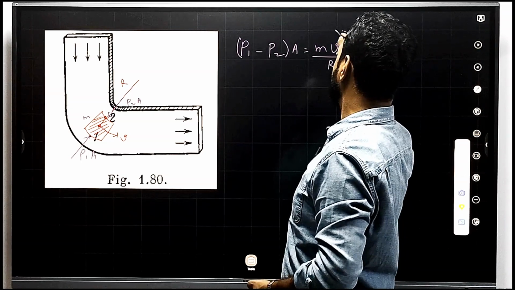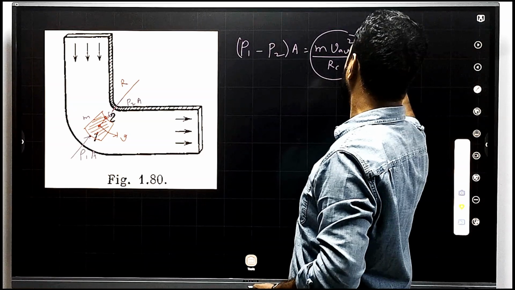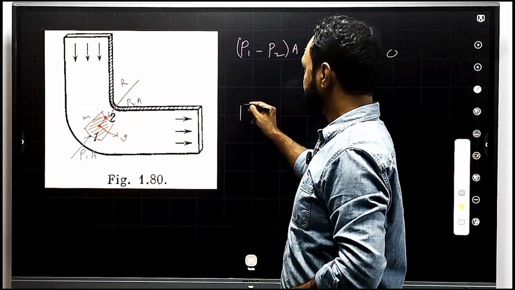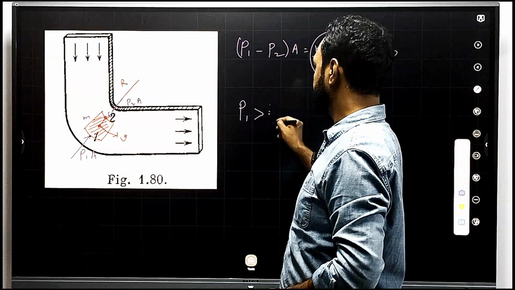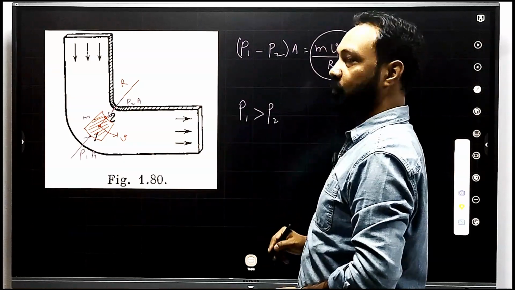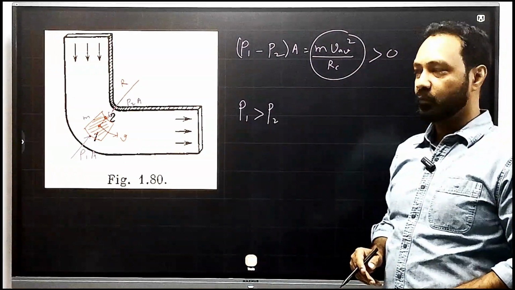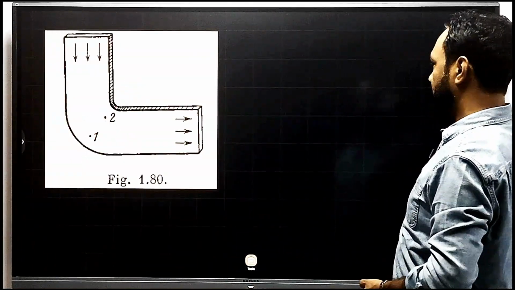Obviously this is a positive thing, so P1 has to be greater than P2. So that is clear. Pressure at point 1 should be greater than at point 2.